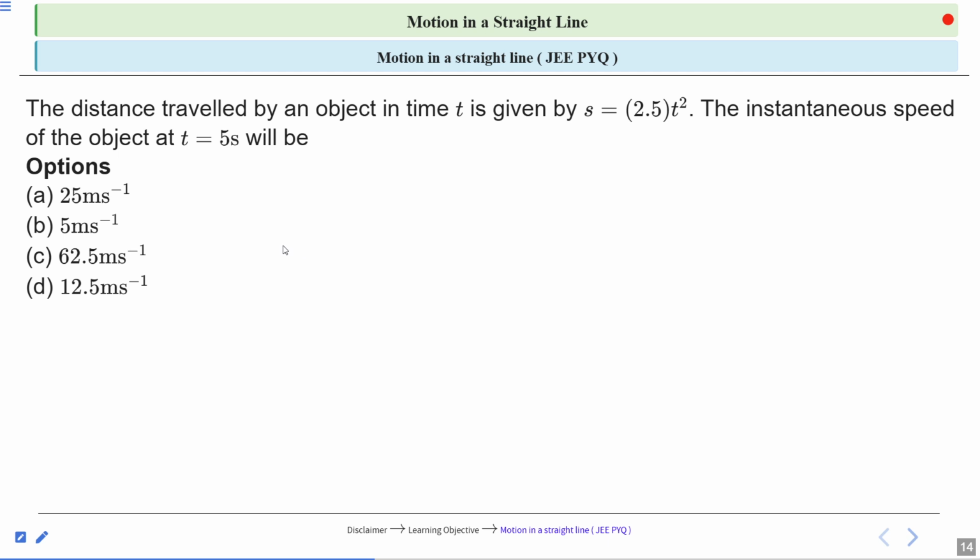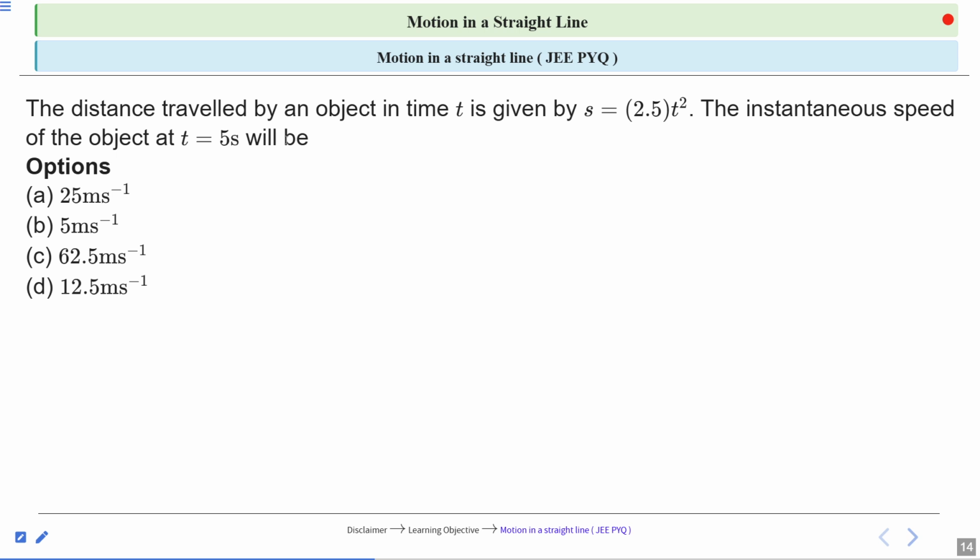The distance traveled by an object in time t is given by S is equal to 2.5 t square. This is the distance traveled by an object. The instantaneous speed of the object at t equal to 5 seconds will be what?